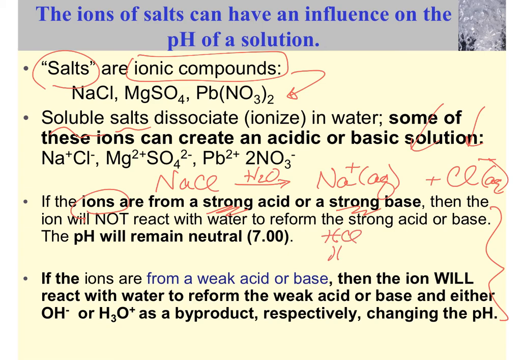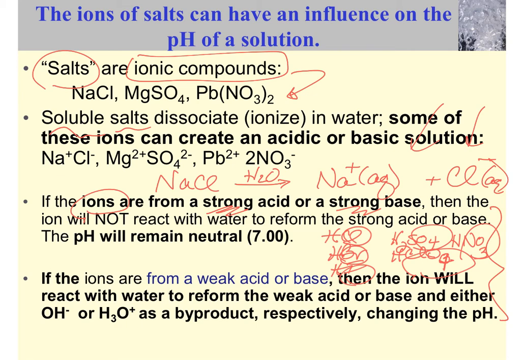So if an ion comes from a strong acid, that would be chloride, bromide, iodide, sulfate, perchlorate, or nitrate, that means that ion does not have the capability of changing the pH.